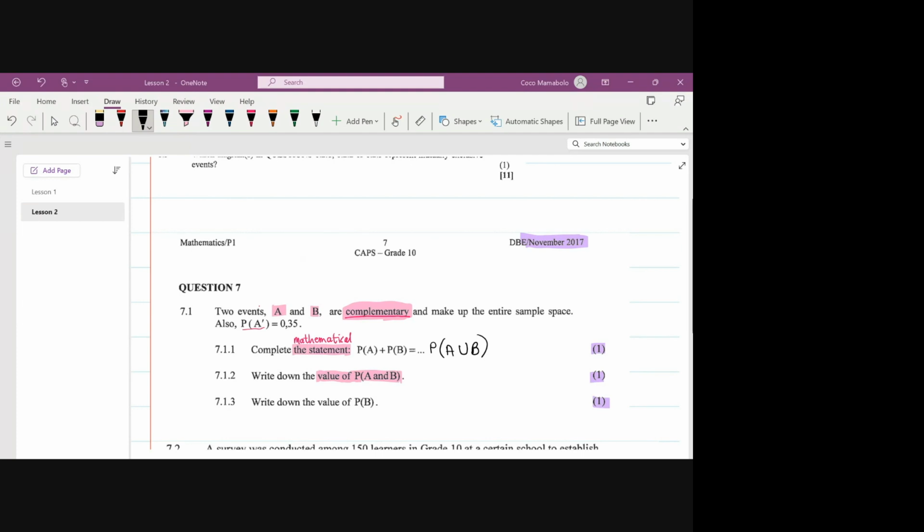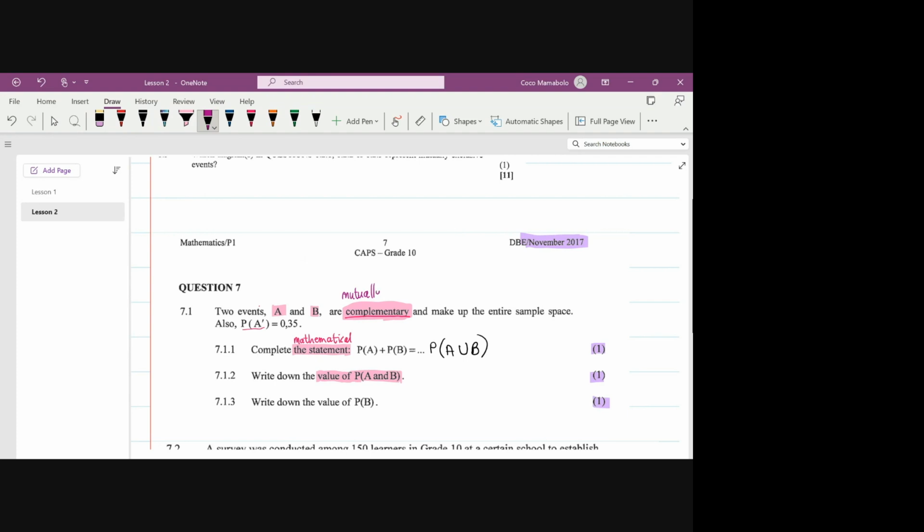What do we call the two events when if one is happening, the other is not? Complementary specifically. That's the one I'm looking for. Good. If they are complementary, then that means that they are mutually exclusive.